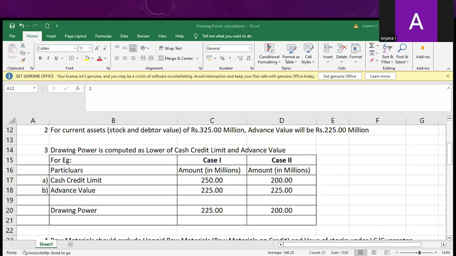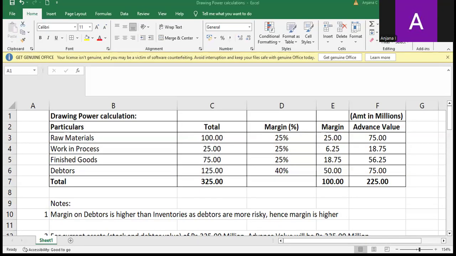Now, in the above example, if the current assets of 325 million are being invested in the business, then the bank would fund 225 million. That is, you get a loan amount or a drawing power of 225 million, and 100 million has to be contributed from the customer side, which is nothing but the margin.